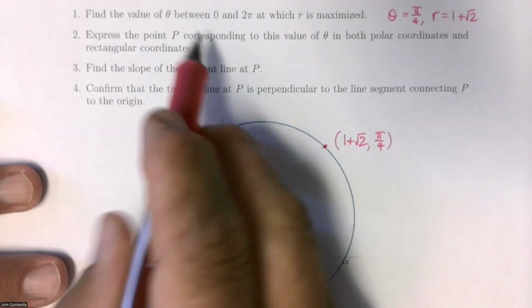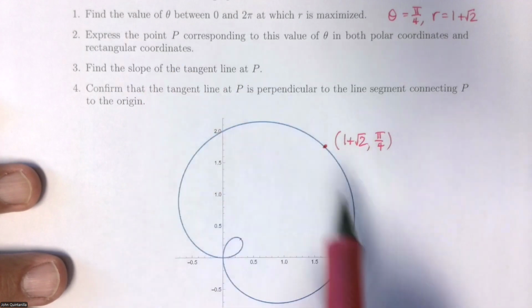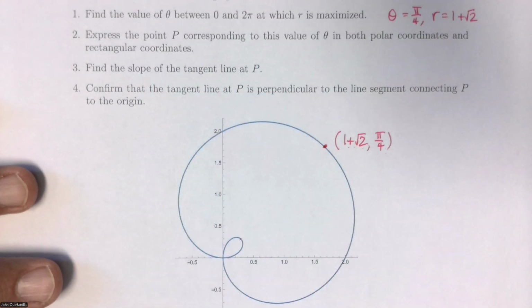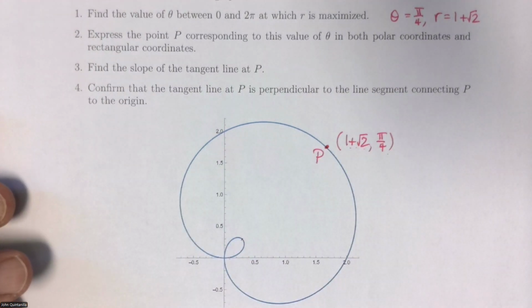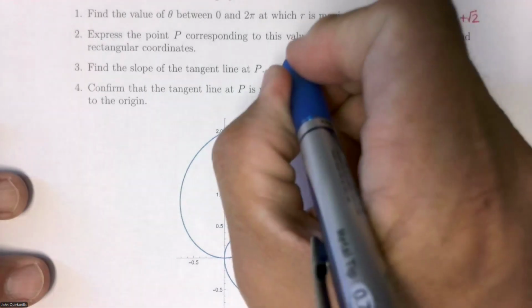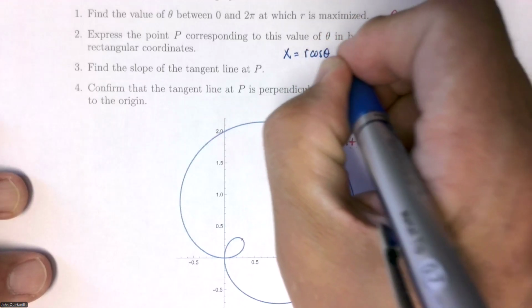All right, point number 2. Express the point P in both polar coordinates and in rectangular coordinates. There it is in polar coordinates, 1 plus square root of 2, pi over 4. So that's the point P in question. If I express that in rectangular coordinates, x would be equal to r cosine theta.